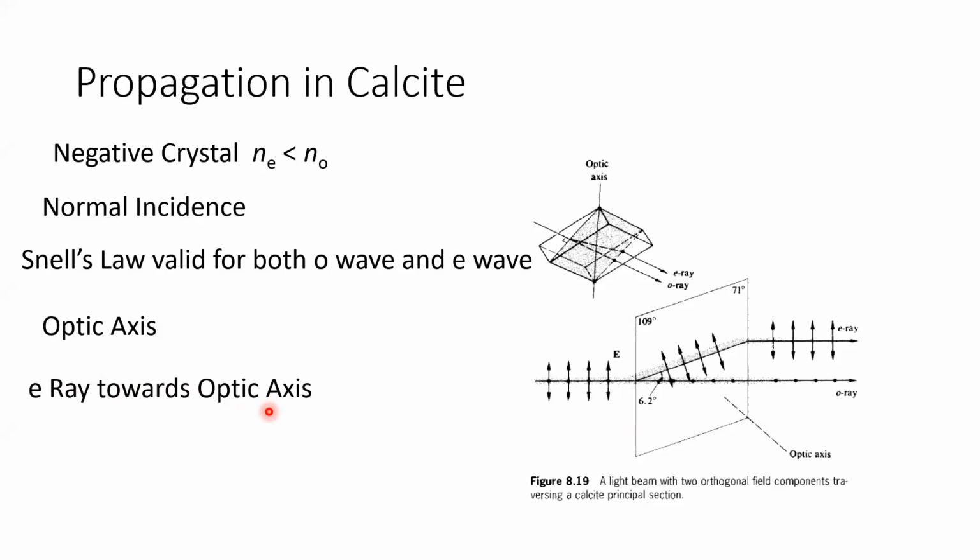For the O wave, the pointing vector is the same as the K. K for the E ray is also the same as for the O wave, the previous diagram which I showed. But for the E ray, the pointing vector is at an angle to K. Okay. That angle we had defined as alpha.